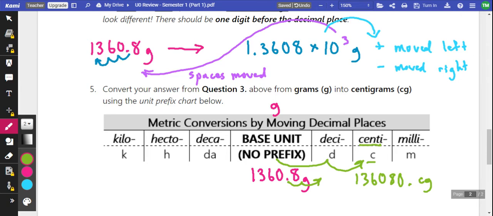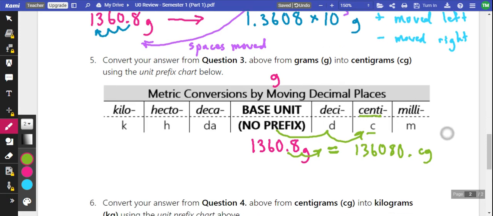It's a smaller unit. It references a smaller amount of mass. So if I have more centigrams, that's because it's a smaller unit. So these two are equal: 1,360.8 grams is the same as 136,080 centigrams. It's just a different way of writing it. And a lot of times we can move the prefix around to make this number look nicer, like making a big number look smaller or a small number look bigger.